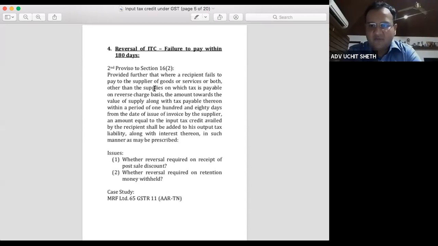For example, if A sells goods to B for rupees 100, at the time of sale there is no discussion, no agreement of any discount. Two months later, suppose a COVID situation steps in, and the buyer says that, look, now the situation is different, I have a financial crisis, kindly give me some deduction.